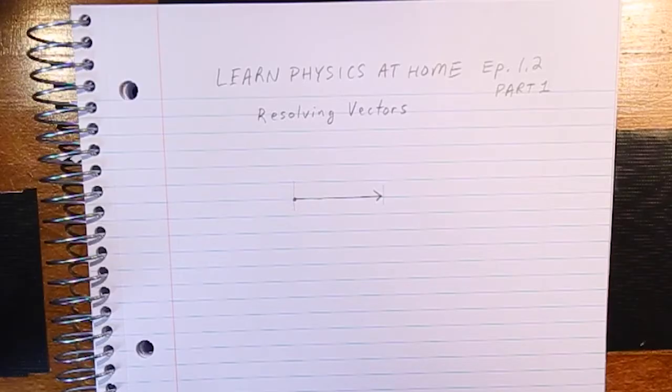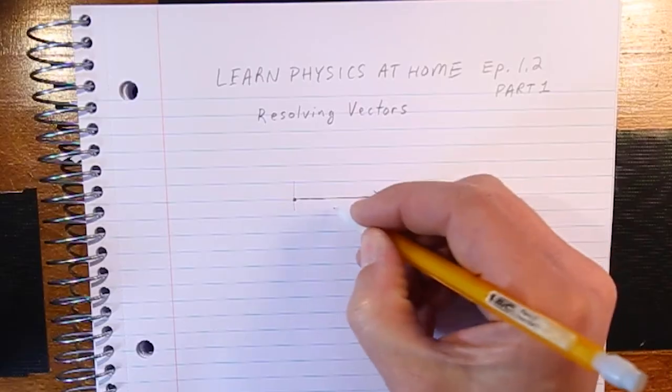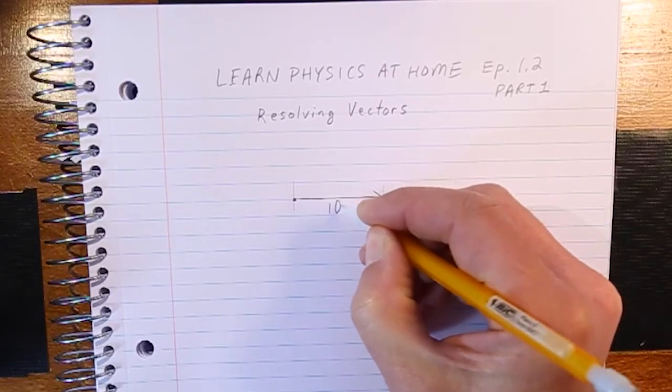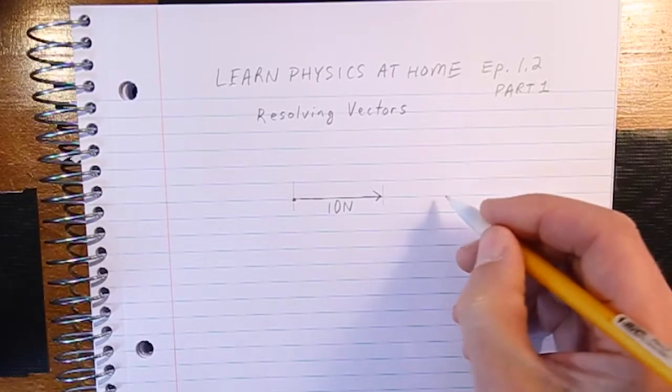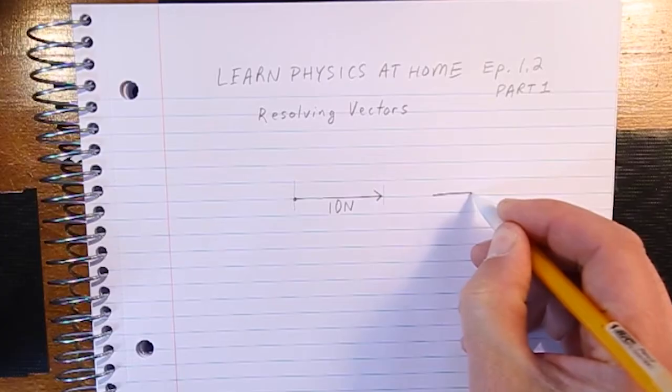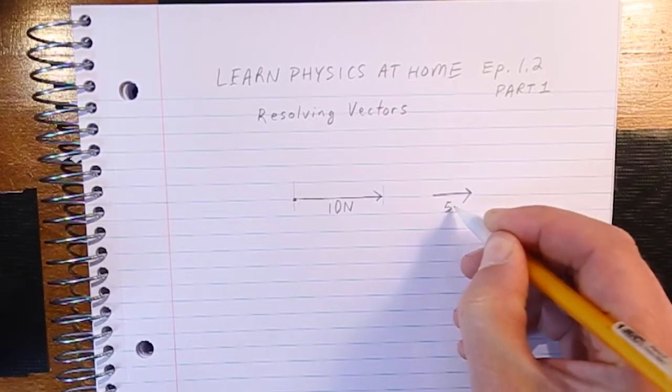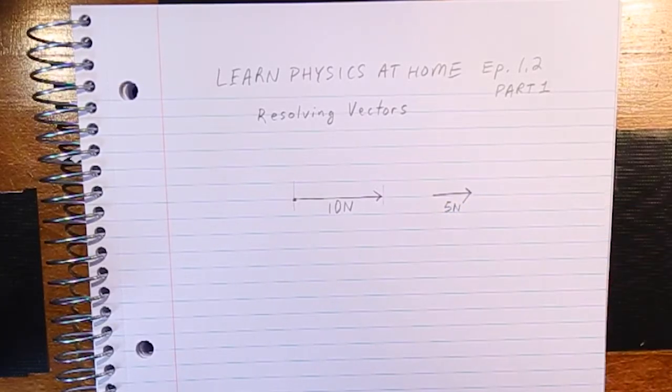So let's say that that vector represents a force, and we could just say that it's 10 newtons. A vector that's half as long would then be only 5 newtons. And obviously a vector that's twice as long would be 20 newtons. But vectors can be represented for any quantity.